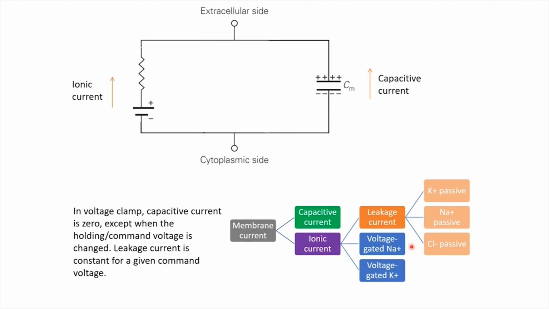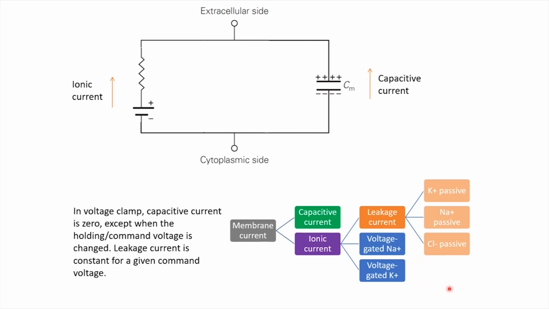On the other hand, the voltage gated ion channels, these conductances can change over time, even if the membrane potential is fixed at a particular value, and so the current through these ion channels can also change over time.